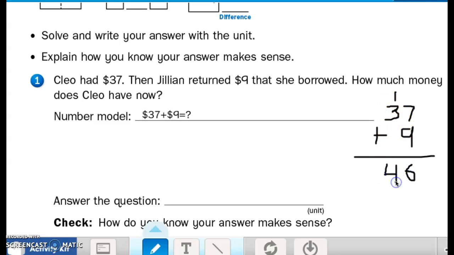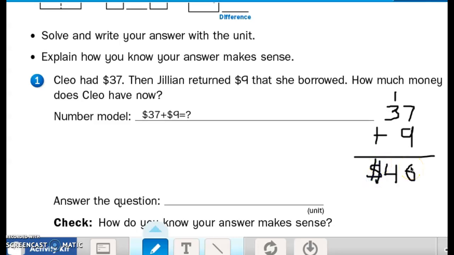Now let's think about this. She had $37 and her friend gave her 9. Would she have more money or less money if her friend gave her 9? She would have more money, right, than 37. So is 46 more than 37?